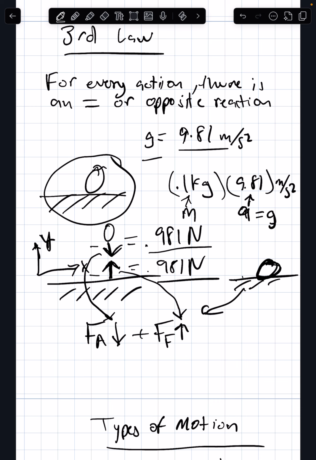That's all we're saying: the sum of the forces in the y direction.